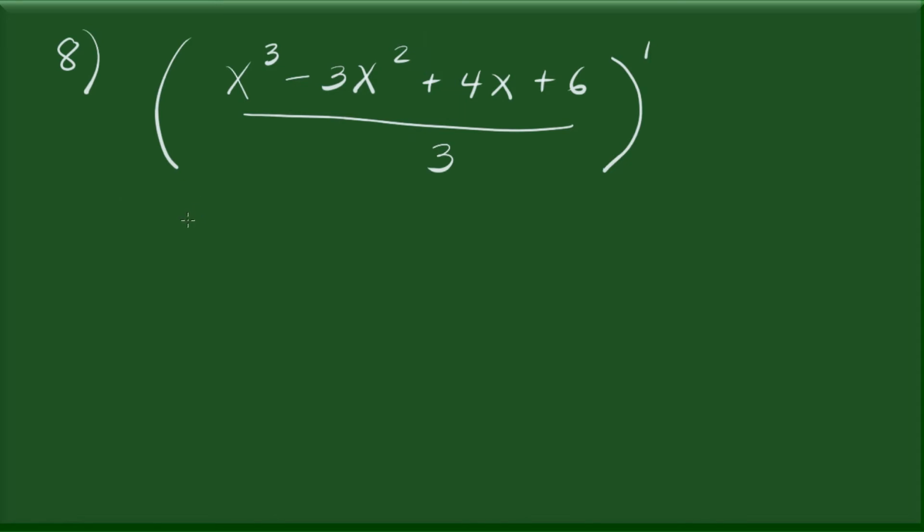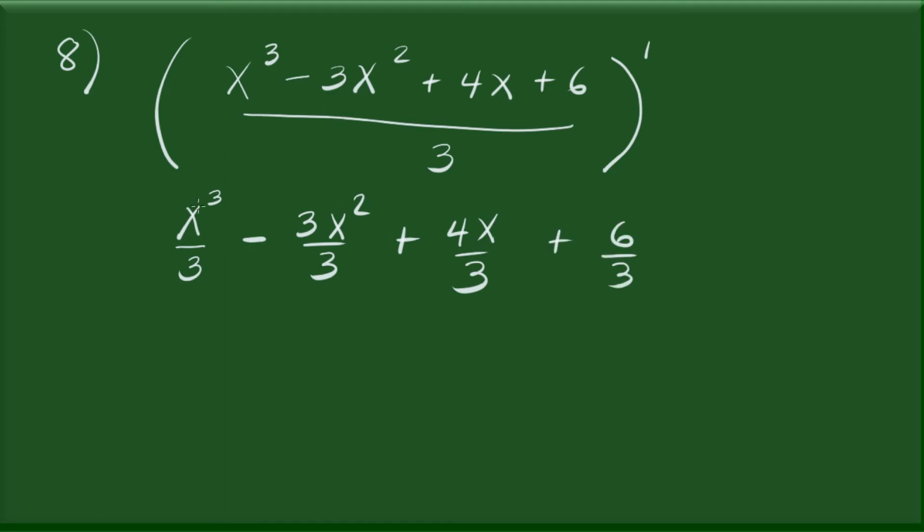Now, the best thing to do right now is to separate those numerators sharing the same denominator 3. So we can split all of them into x cubed over 3 minus 3x squared over 3 plus 4x over 3 plus 6 over 3. And then we can use the power rule repeatedly here. So the first one is going to be 3 times x squared over 3.